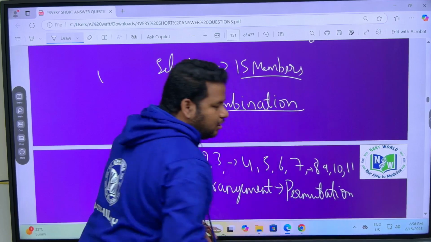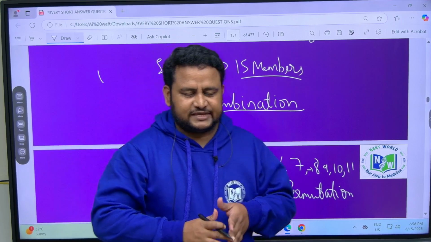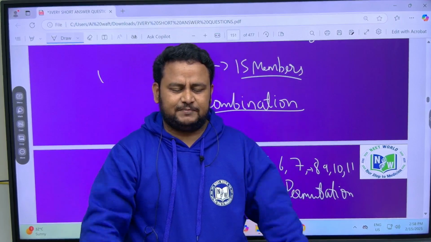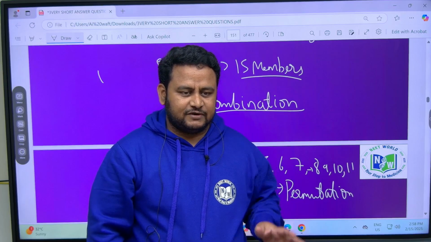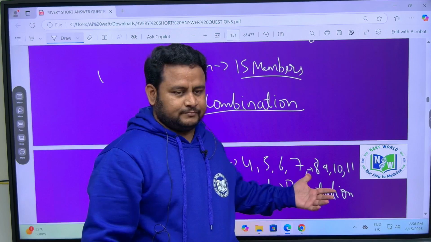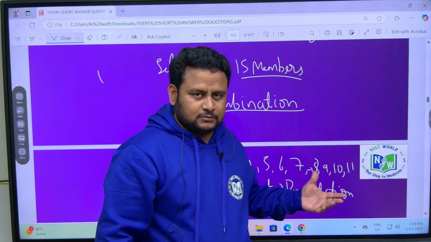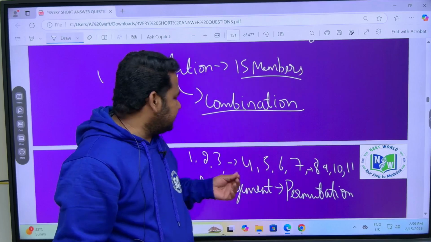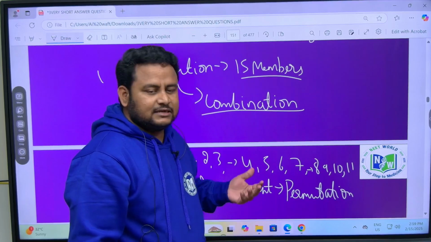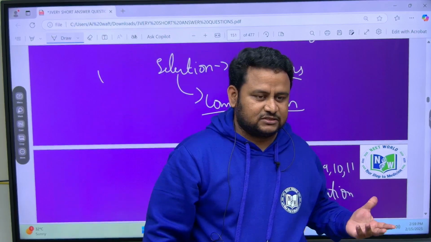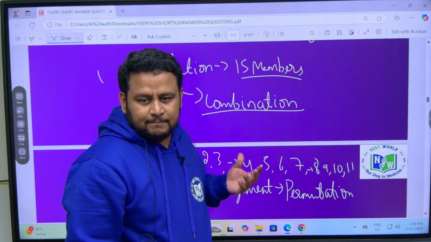Always keep this example in your mind. Selection means combination. We selected 15 players. Then out of 11 players, we are arranging them in a certain order, based on certain criteria. Here we are talking about batting. That is nothing but permutation, friends.